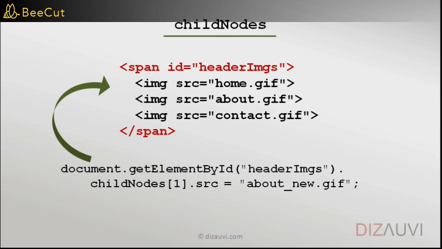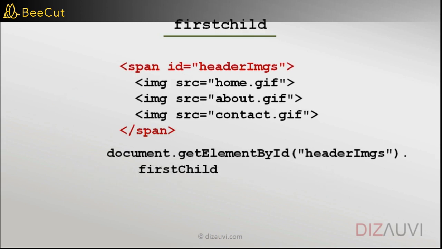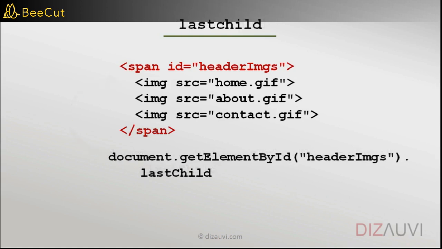If we want to access the first or the last child of an element, there are more specific properties to do that. The firstChild property lets us access the first child of an element, while the lastChild property lets us access the last child of an element.